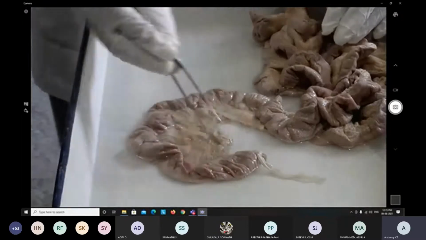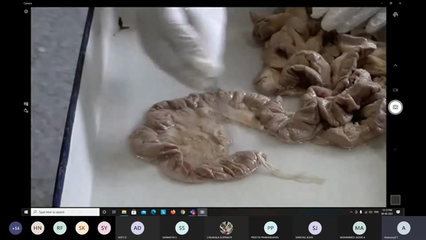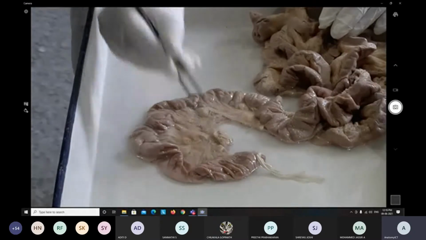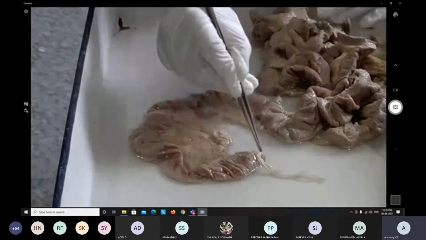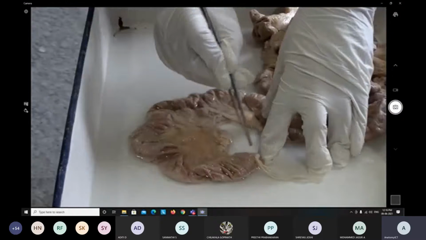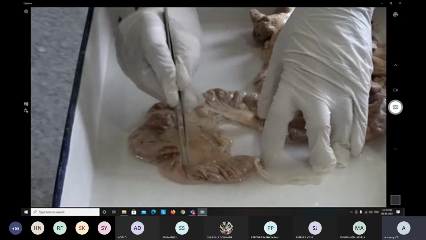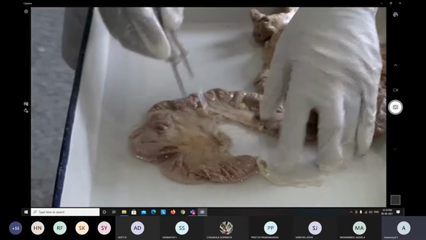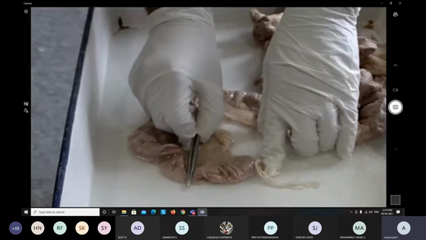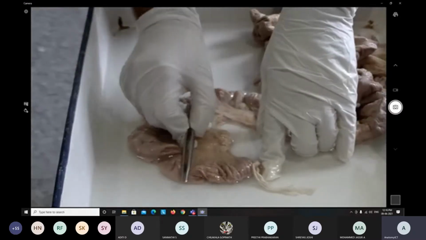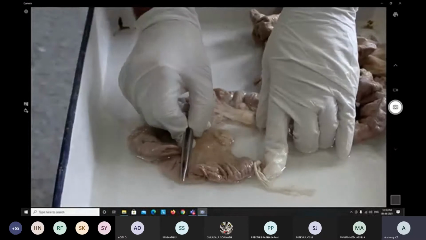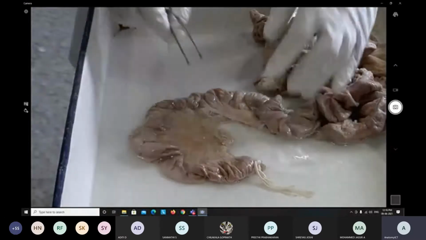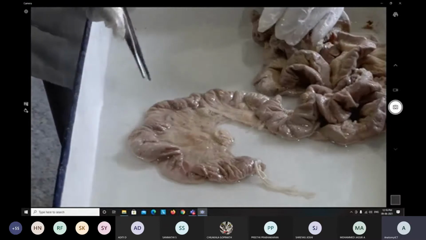This upper portion we used to call the first part of the duodenum, where the stomach's pyloric end continues as the small intestine. What could be the length? The length of this first part of the duodenum is around 2.5 inches, around 5 centimeters, right?